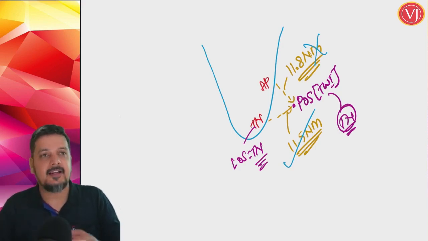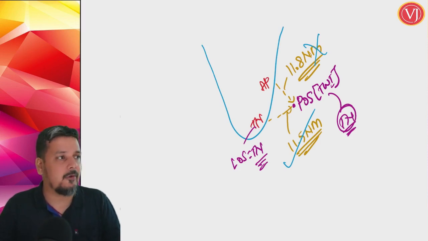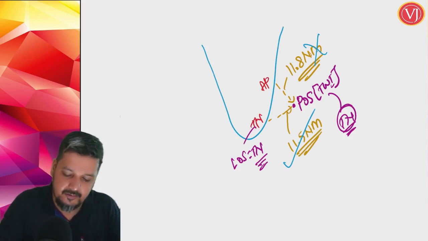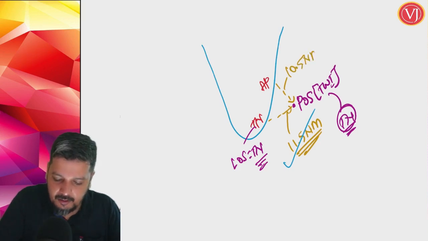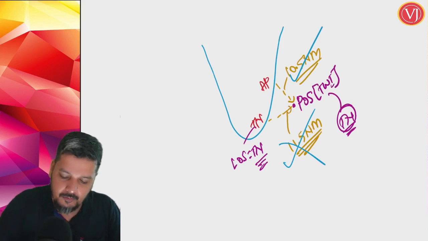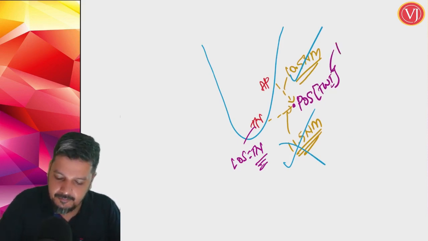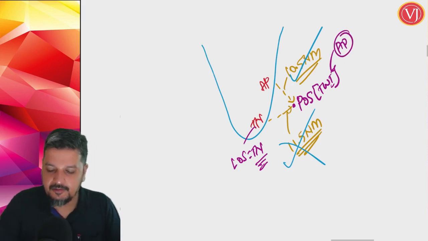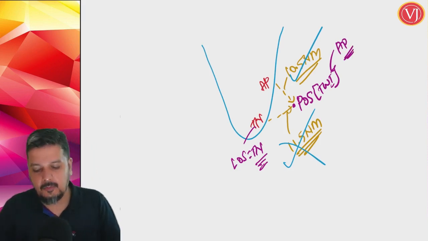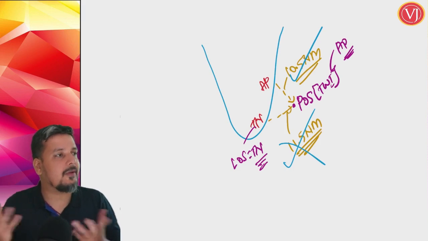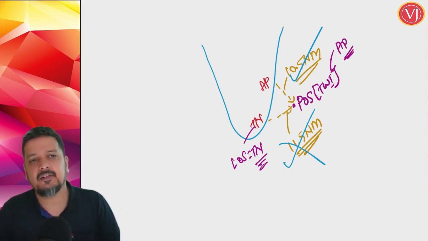If Andhra says no, our shortest distance is not 11.8 nautical miles, it is 10.5 nautical miles, so ours is the shortest distance and not Tamil Nadu's, then the place of supply suddenly will become Andhra Pradesh. So LOS Tamil Nadu, POS Andhra Pradesh, it will be IGST. That is section 9.